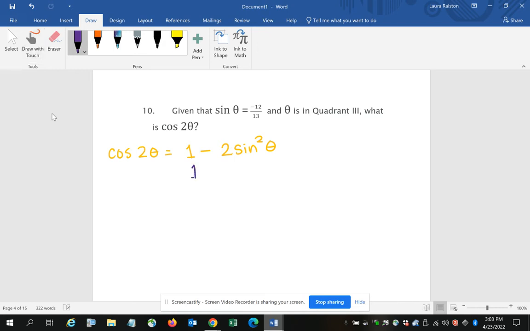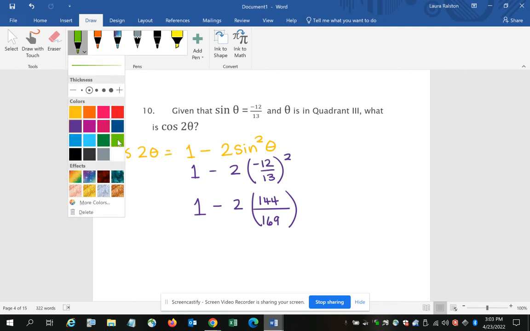So I have 1 minus 2 times negative 12/13 squared. So I have 1 whole minus 2 times negative 12 squared. Negative 12 times negative 12 is 144. 13 squared is 169.